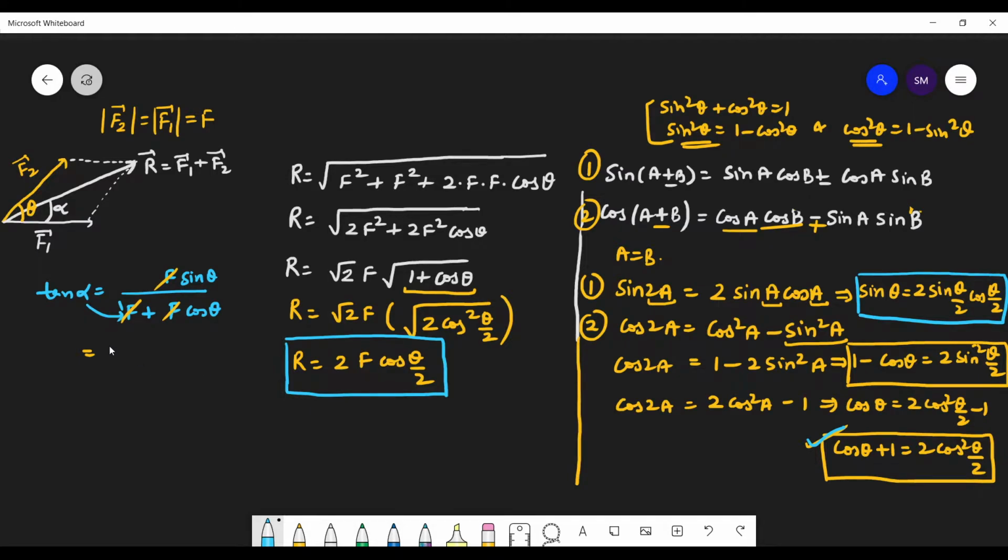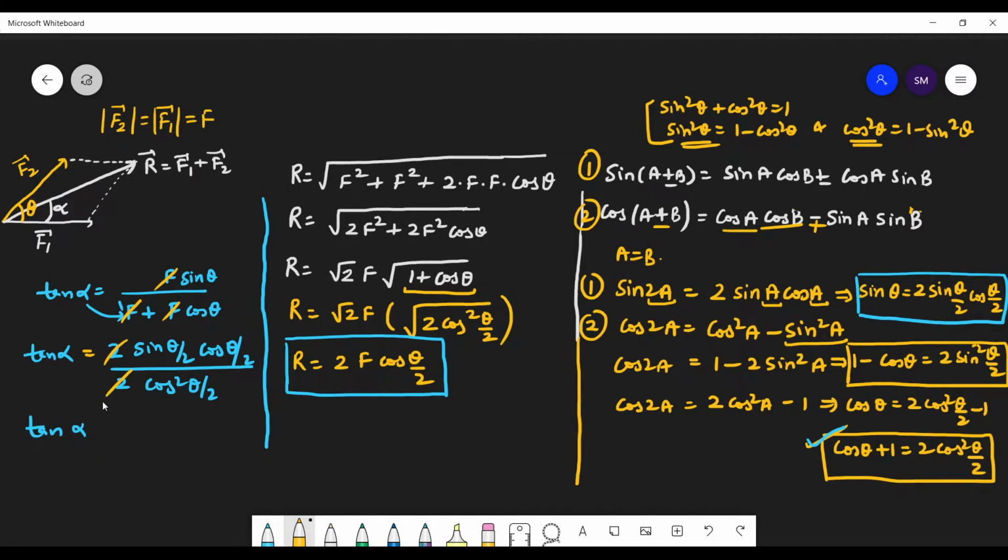So tan alpha will be equals to 2 sin theta by 2 cos theta by 2 divided by 1 plus cos theta, 2 cos square theta by 2, right? So students, 2 will cancel out, this cos cancels, and here it is square so 1 will be left, so this is now tan theta by 2.